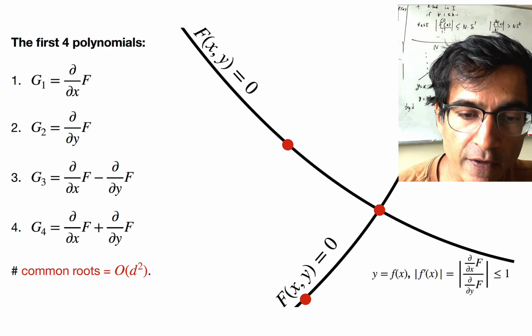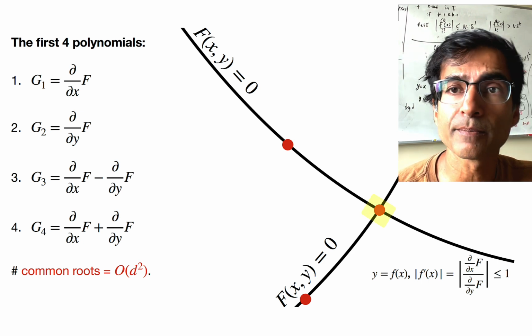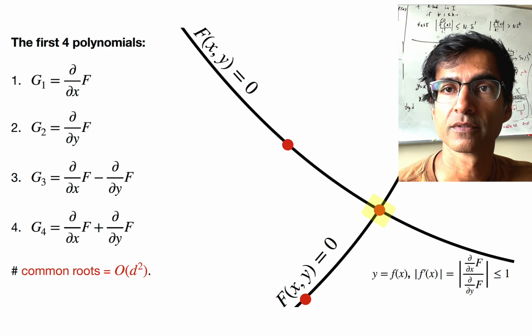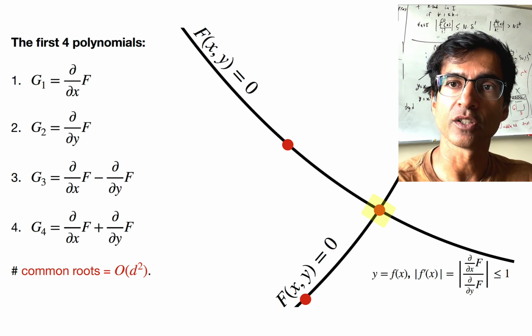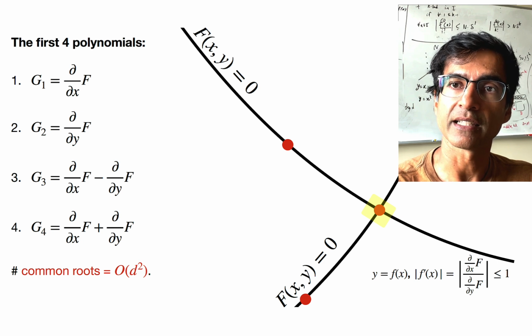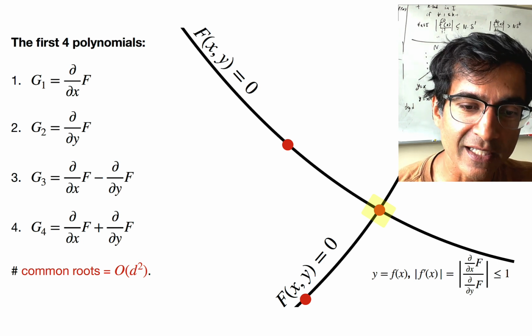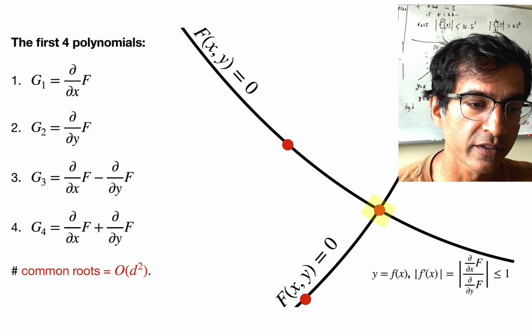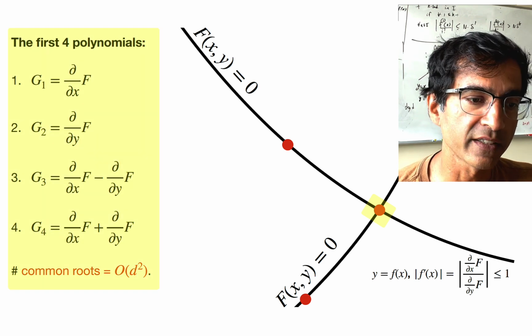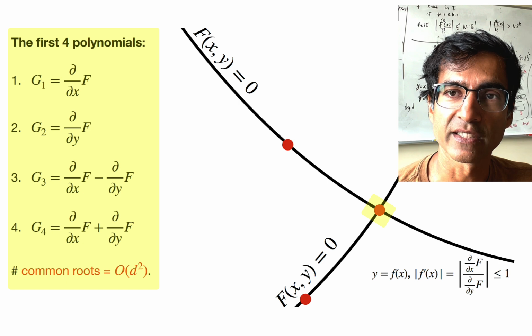Okay. If you have a place like this, it must be a place where the gradient is 0. That's the only way you can have multiple directions you can walk in and still stay at the same altitude. Okay. And all such points are accounted for here, right? If the gradient is 0, then all of these g's are 0.